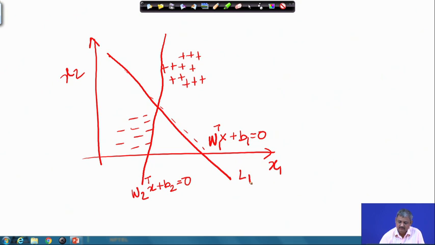This is L1, this is L2. Maybe I drew it slightly badly, maybe this point is not there, that does not touch. Similarly, these points are not there. Okay.